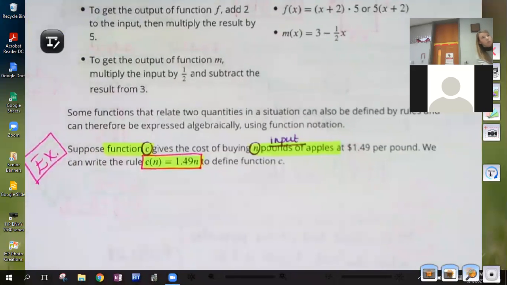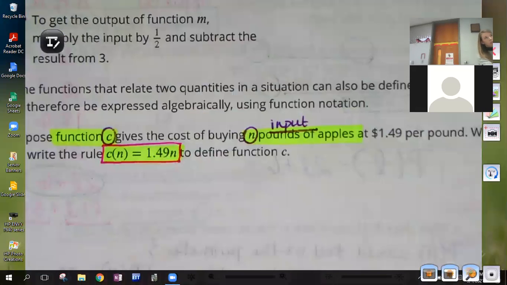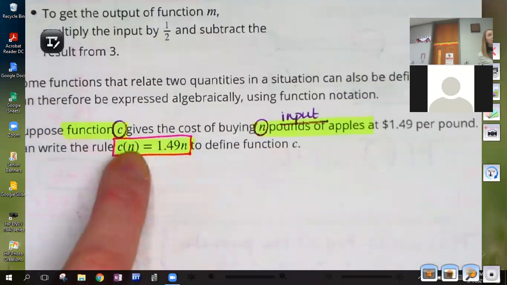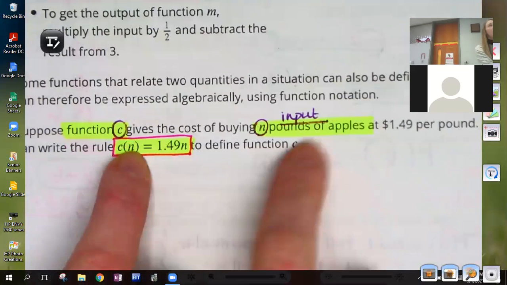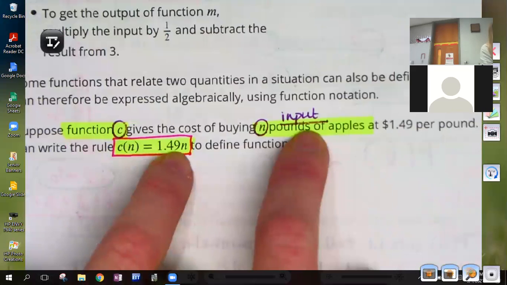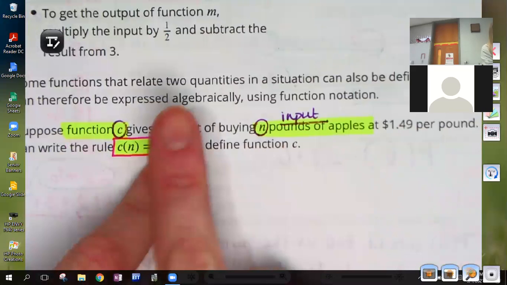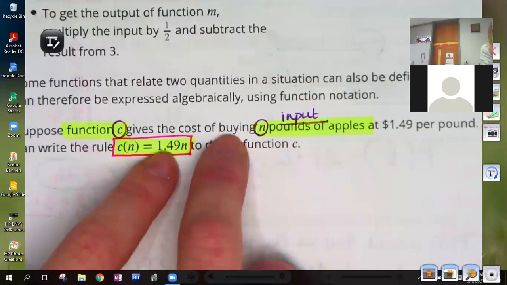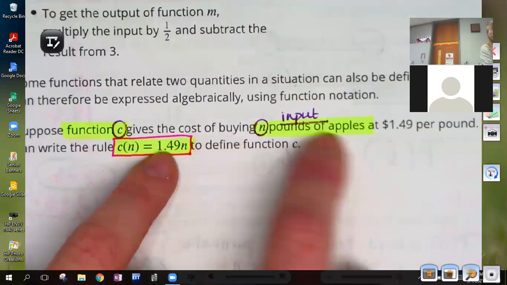So let's break that down real quick. What does C tell us? The function name. The number inside the parentheses tells me pounds of apples, which is my input. All right, so if we take all of that and set it equal to something, what's it going to tell me? The cost of buying however many pounds of apples we want to get.